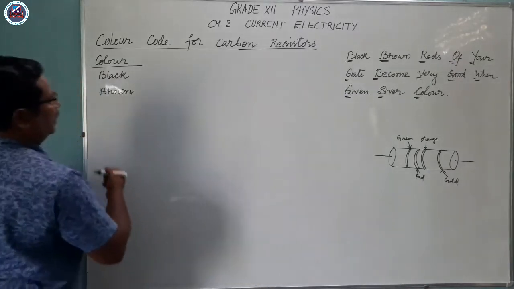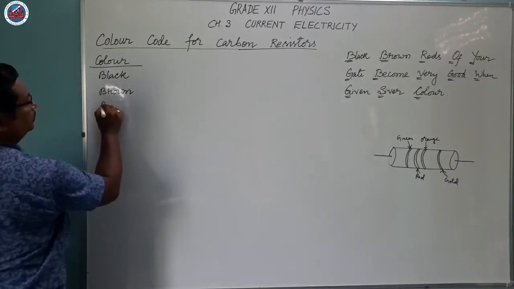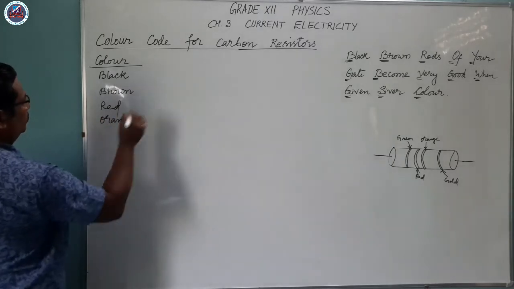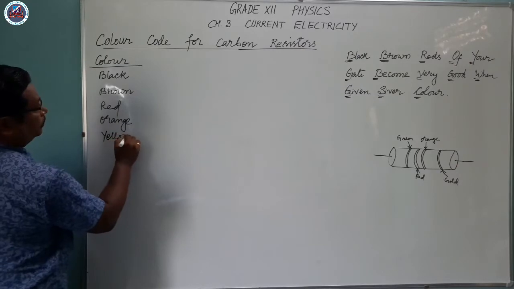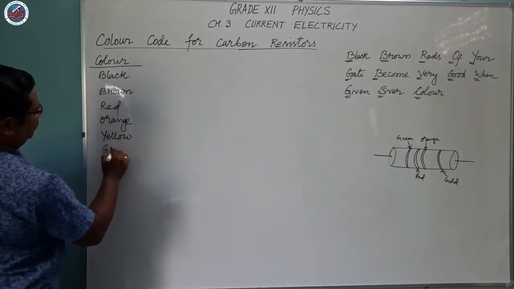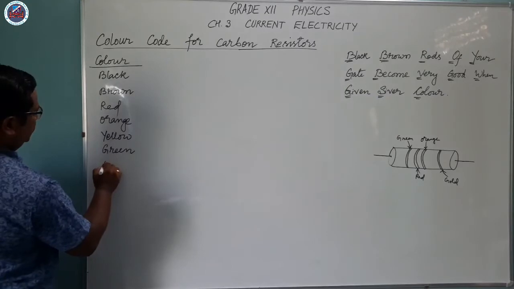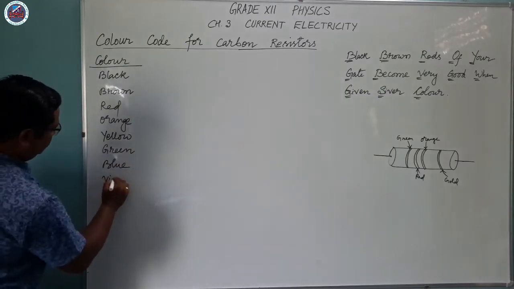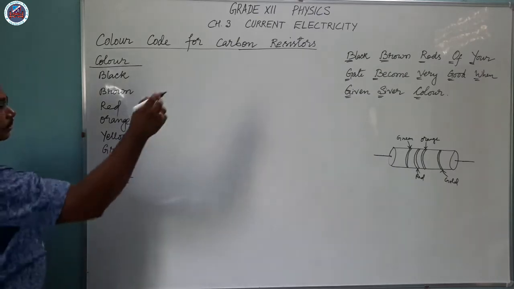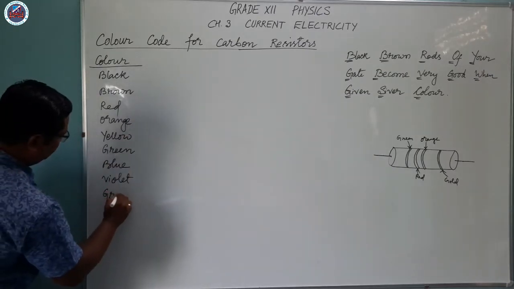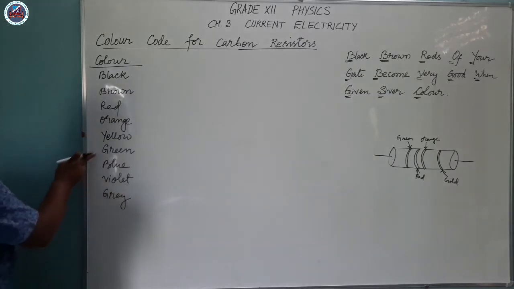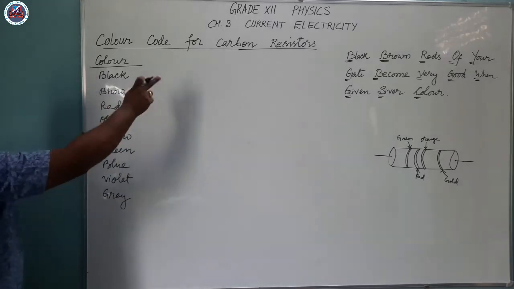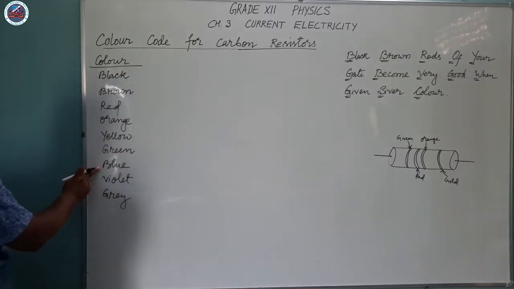Then the next color, rod means R, red. Off means orange. Your means yellow. Gate indicates green. Become, that is blue. Very good, V is violet. Good, G, that is gray. There are two G you can see. One is green, one is gray. And 3B, black, brown. The two will not get confused, but this blue, B is blue.